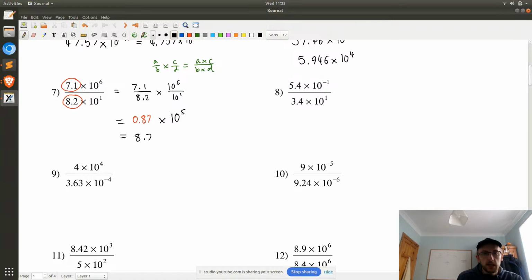So 8.7, 10 times bigger, 10 to the 4, 10 times smaller. Okay, let's do it. 5.4 divided by 3.4 is 1.59. Minus 1 minus 1 is minus 2. And there you go.